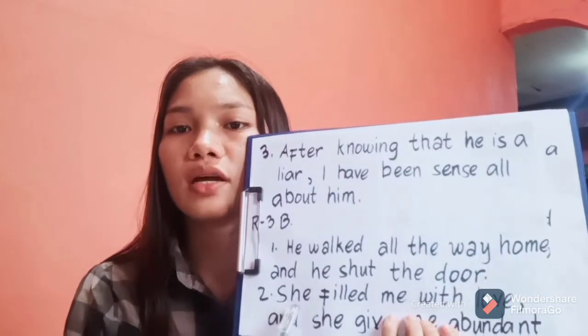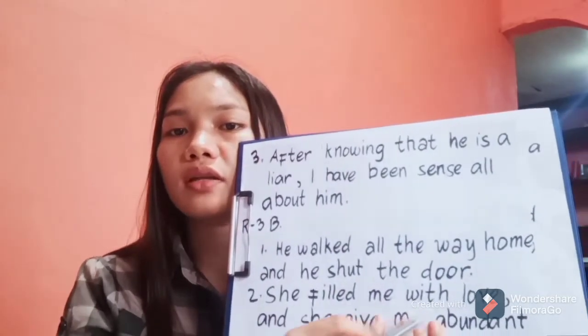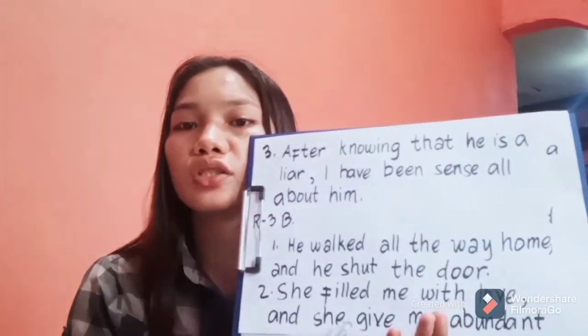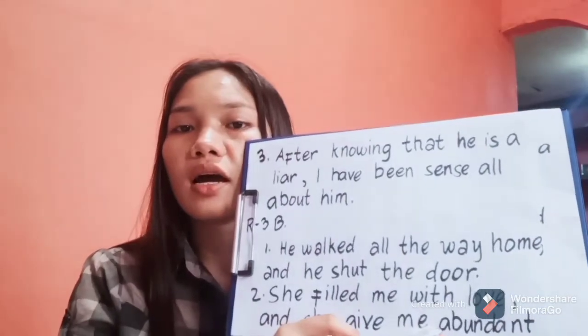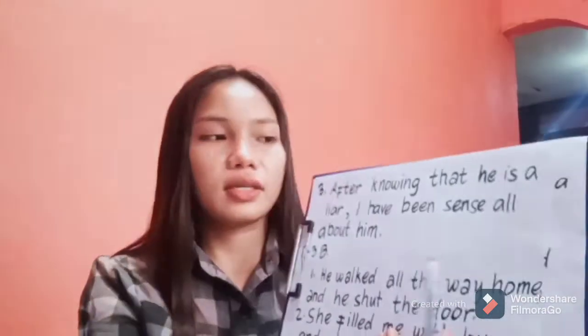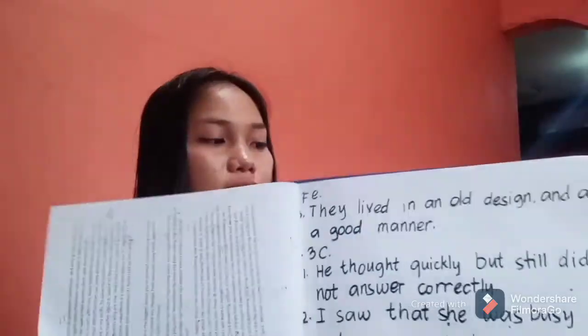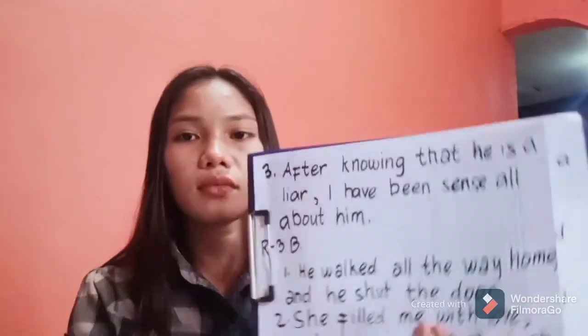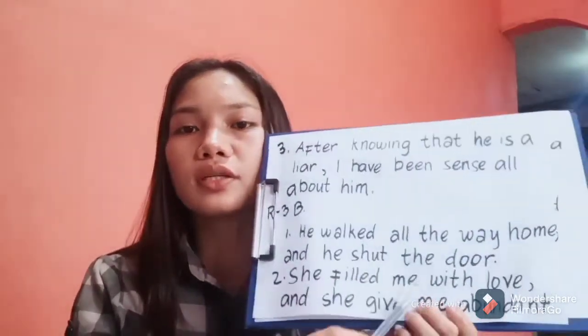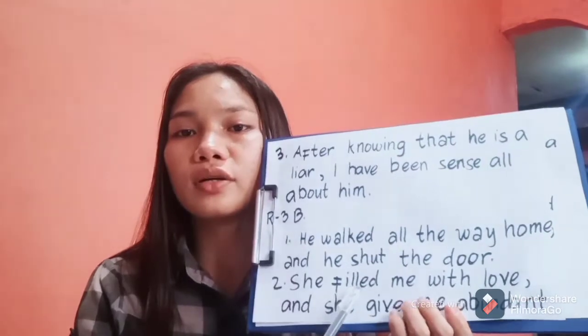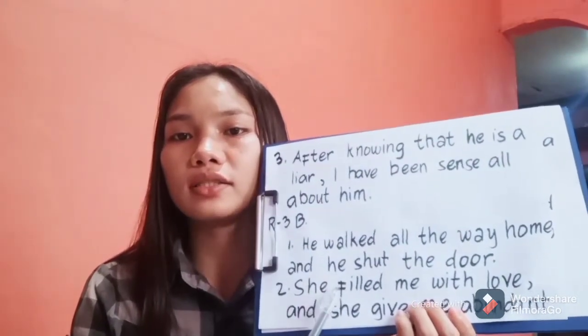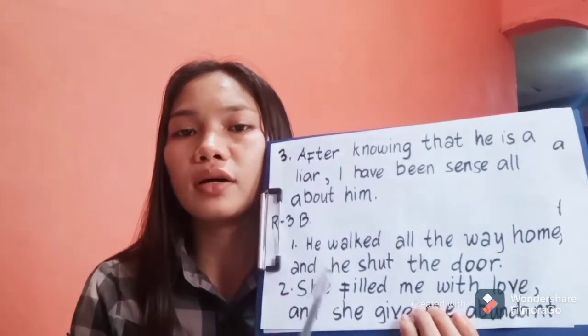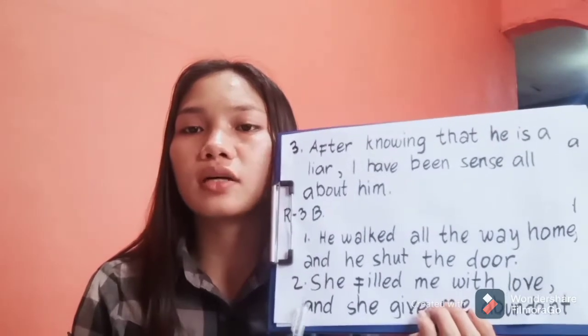Another one, she filled me with love, and she gave me abundant life. I put the comma at the end of the first clause, followed by one space and a connector.